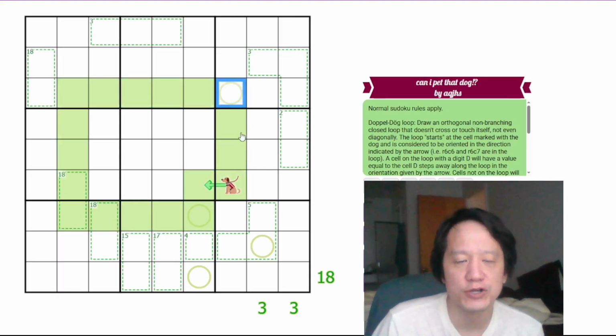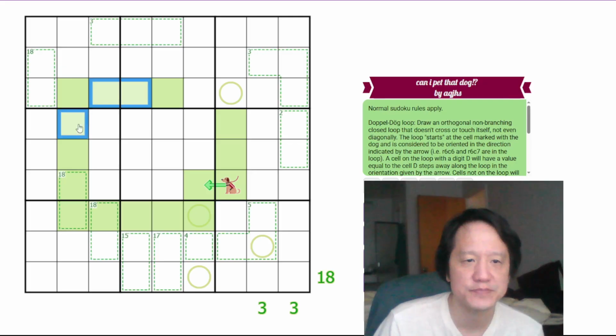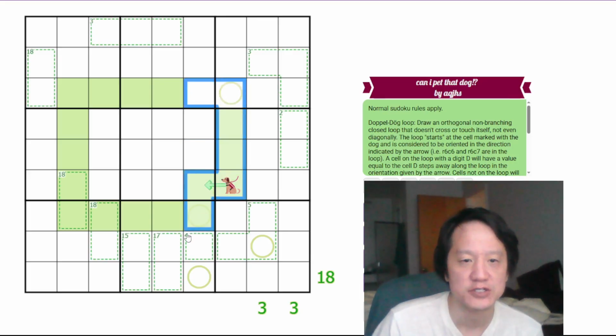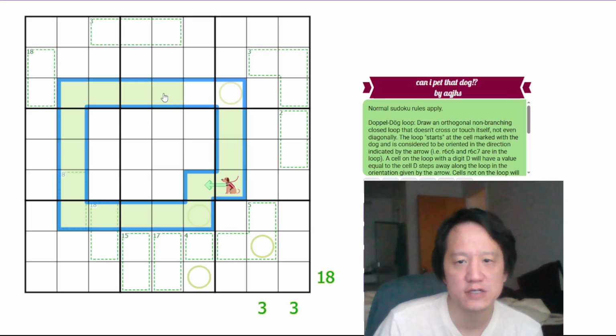This, however, would not be because this shares an edge with only one cell. You also cannot share corners with any other cell in the loop. So you can't branch, and therefore the loop is basically a single loop. You can't touch itself.